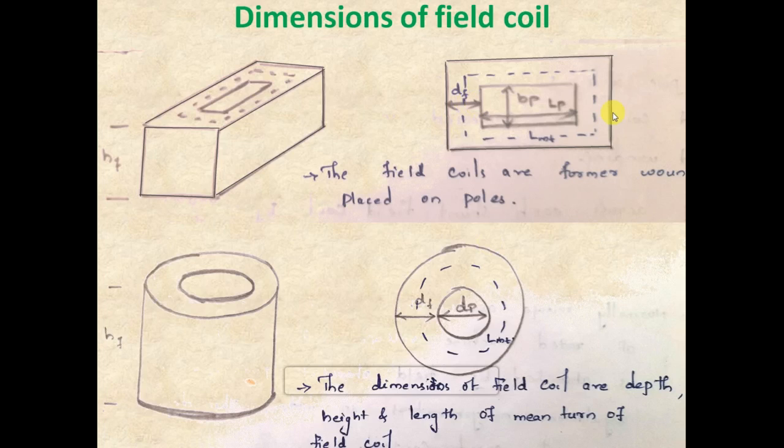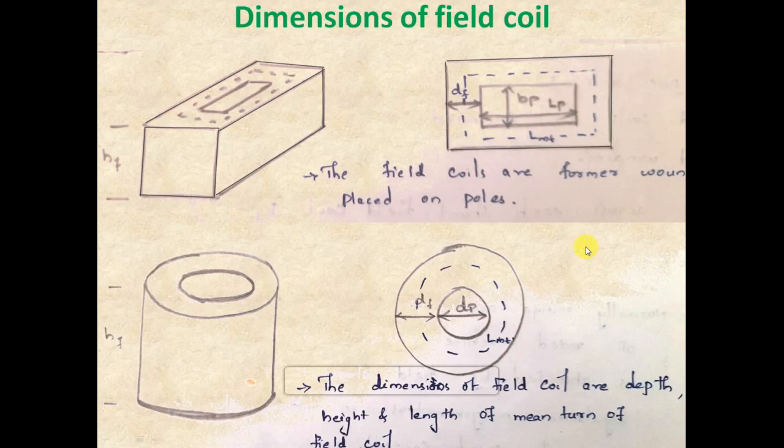The outer length is usually represented by LO, whereas the inner length can be represented by LI, that is the length of the field winding. Then we will be able to easily obtain the value of mean turn length by taking the average of LO and LI.